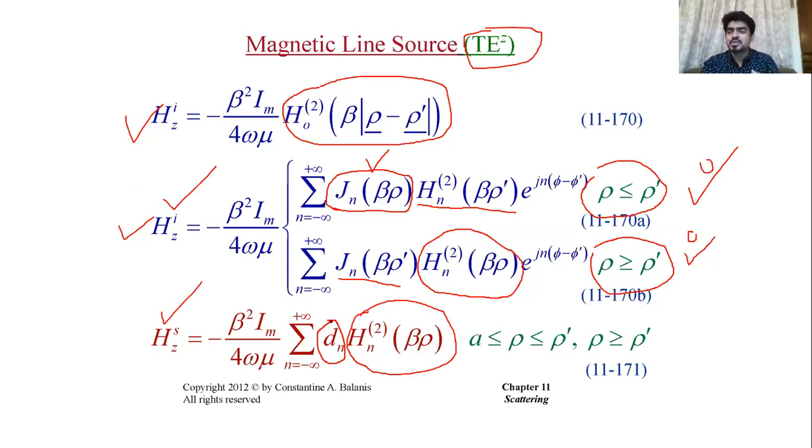In order to satisfy that boundary condition, we have this unknown coefficient which we haven't derived yet, but we will derive by imposing the boundary conditions for our given problem. So again, we have the infinite summation of the Hankel function of the second kind for the scattered field.